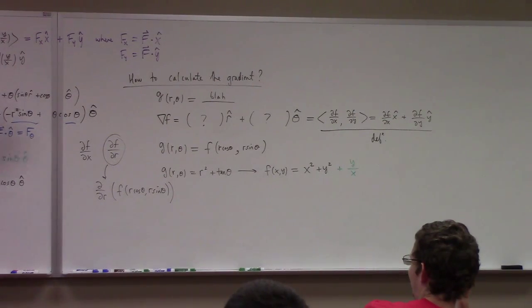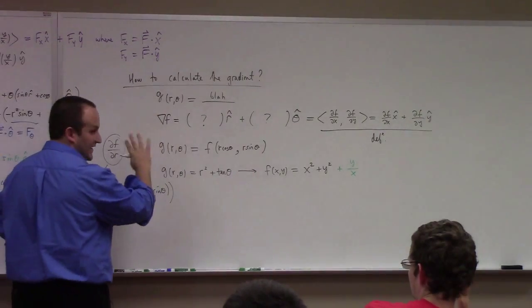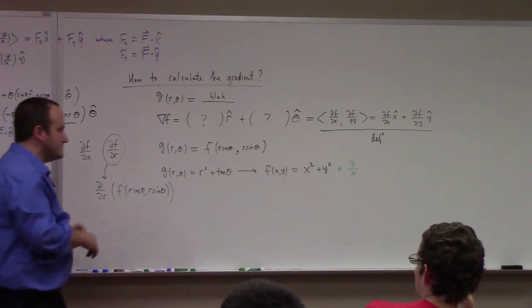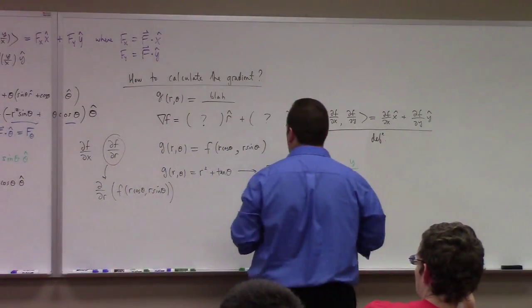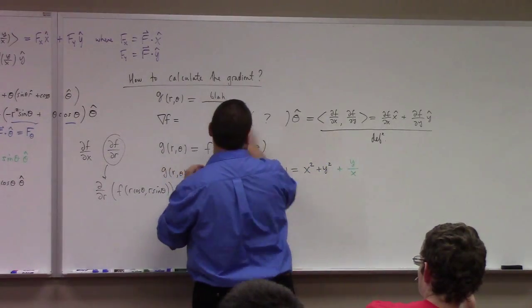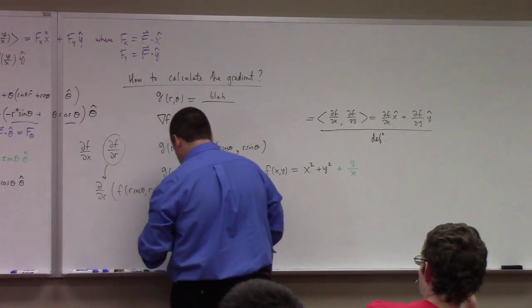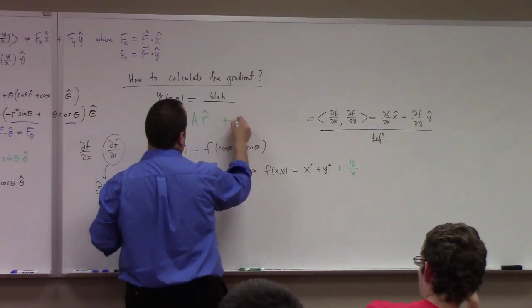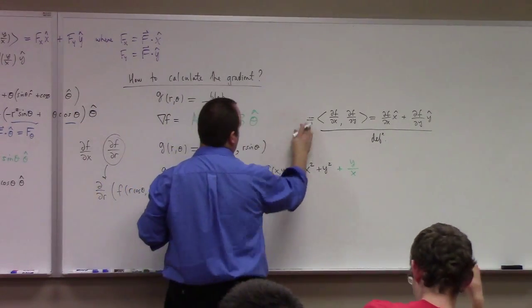Now I'm saying take a gradient of a function. I'm just showcasing for you the r hat, theta hat stuff over here. I'm asking a somewhat disconnected question. Tell you what, let me call this thing, let's do some name calling. Let's say that this is A r hat plus B theta hat, and we'd like to find out what A and B are.